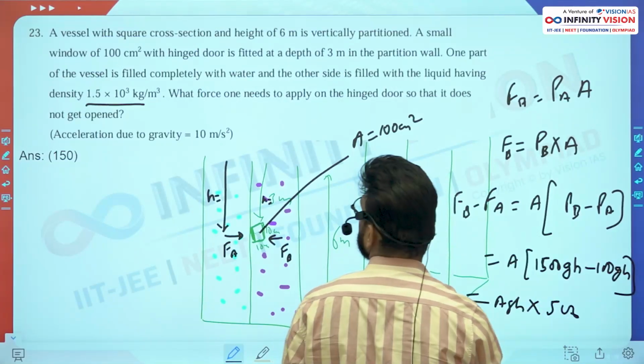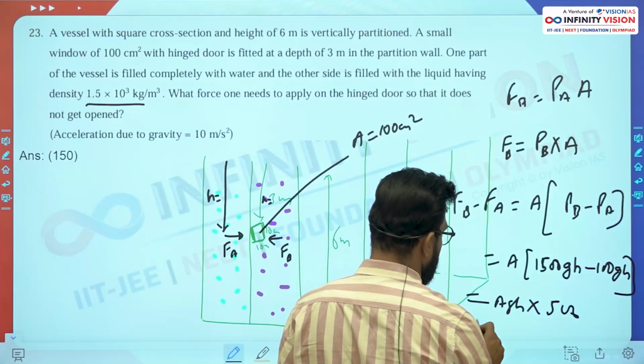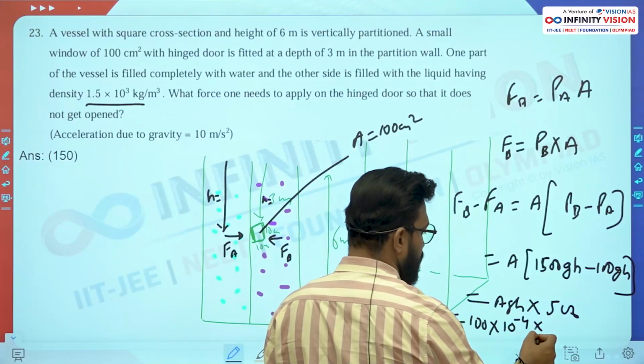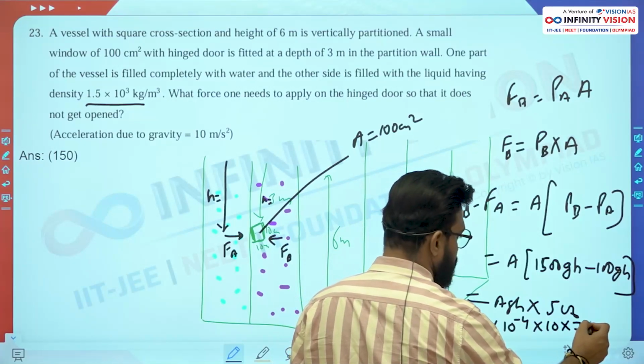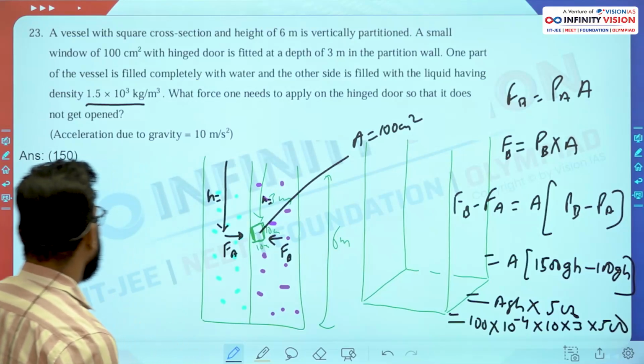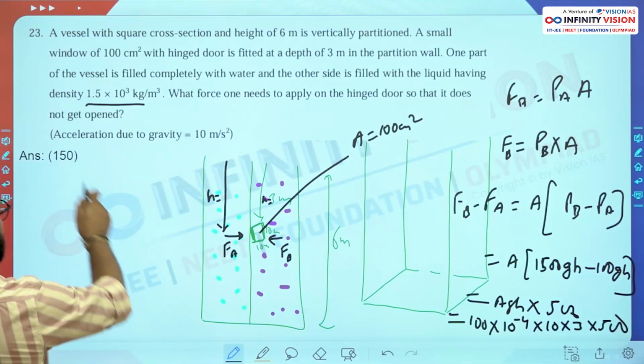Area is 100 centimeter square, which will be converted into 10 to the power minus 4, G is 10 and depth is 3, multiplied by 500. Solve it and you'll get the answer as 150.